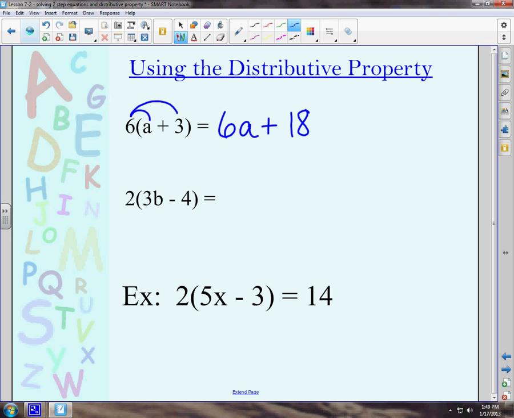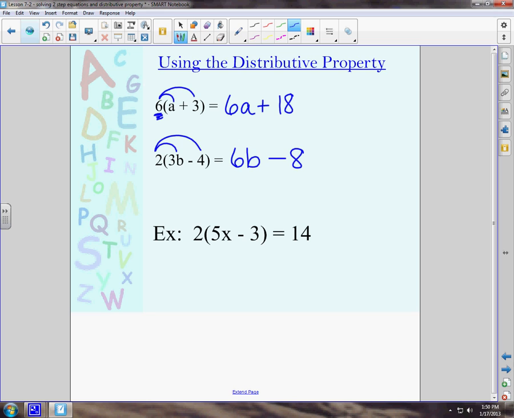So many kids want to just do 6 times a and do 6a plus 3. That 3 also gets distributed to the 6, so don't forget to distribute it 2 times. So here, remember it's multiplication, so I can do 2 times 3b and get 6b minus, don't forget the minus sign, 2 times 4 is 8.